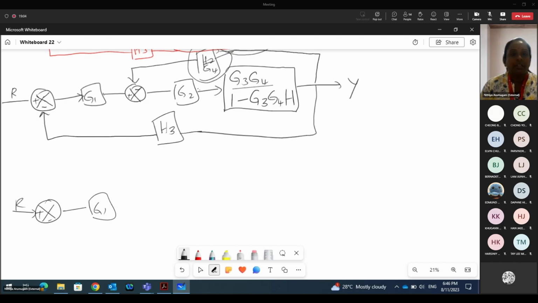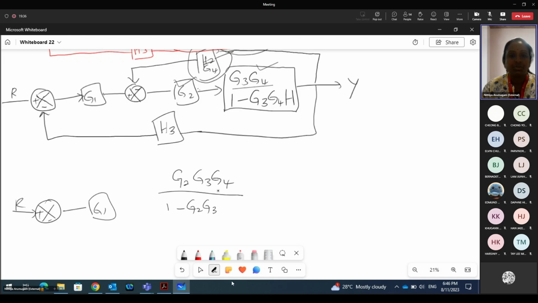Now I'm going to eliminate the H2 over G4 by combining with the G2 and G3, G4 sections. So here, this is in series. So I'm going to put G2, G3, G4 over 1 minus the H here, which is G2, G3.